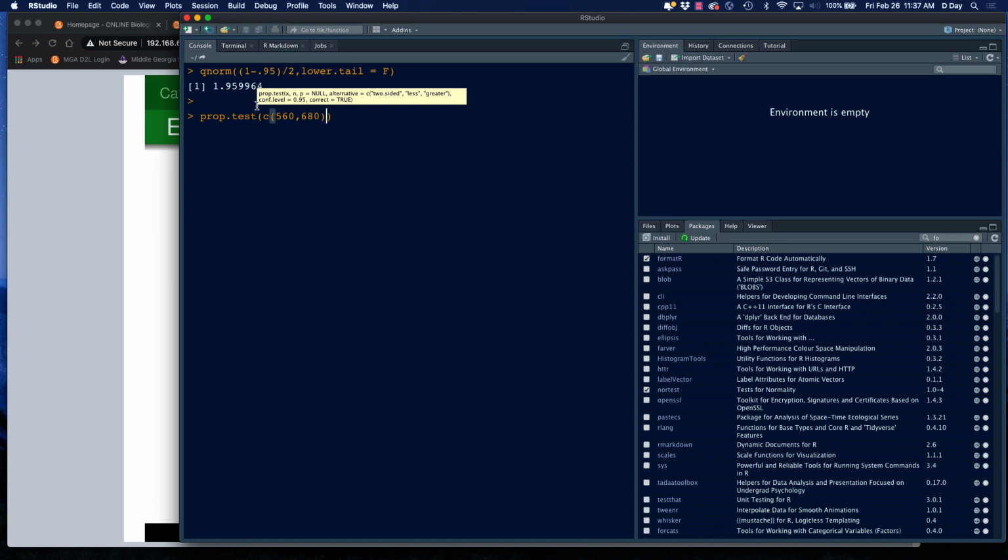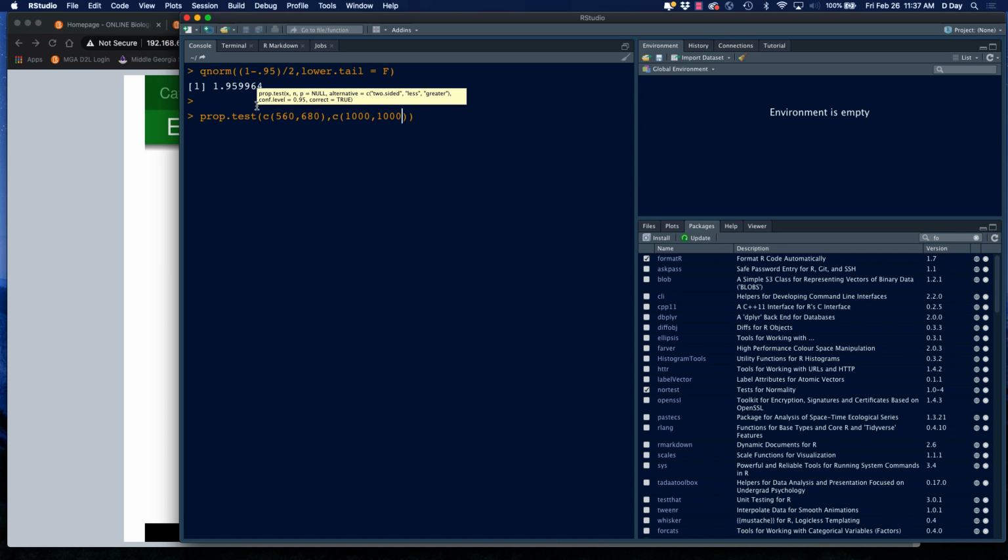So that just gives our x values. Now we put another comma and a vector of our sample sizes. They were both 1,000, and unfortunately you can't put it in once, you have to put it in twice: 1,000, 1,000.